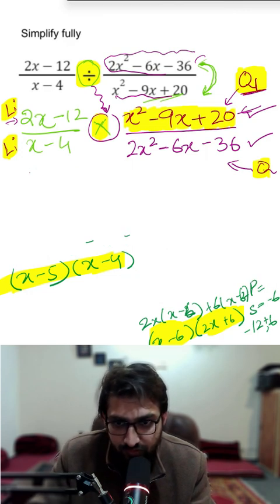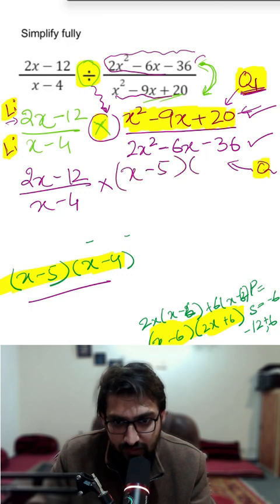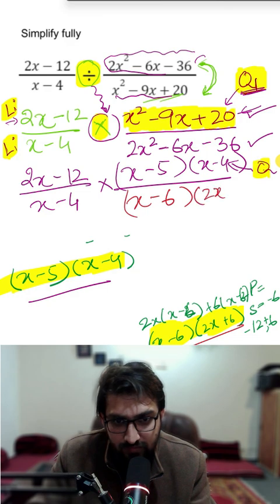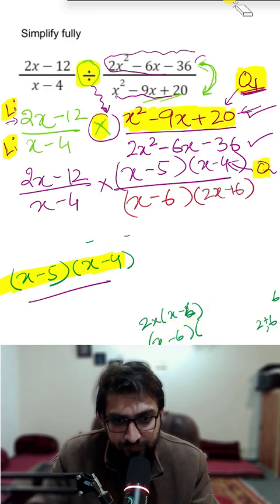Okay, so let's put 2x minus 12 divided by x minus 4 times. So for q1 I will write this thing, which is x minus 5 and x minus 4, and for q2 I will write down this thing, which is x minus 6 and 2x plus 6.